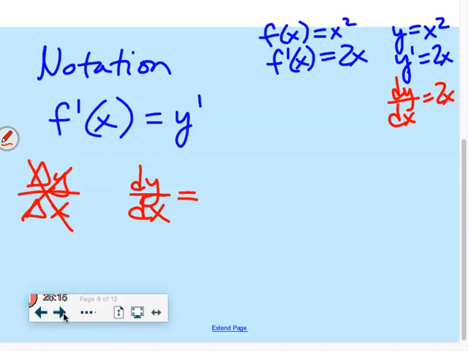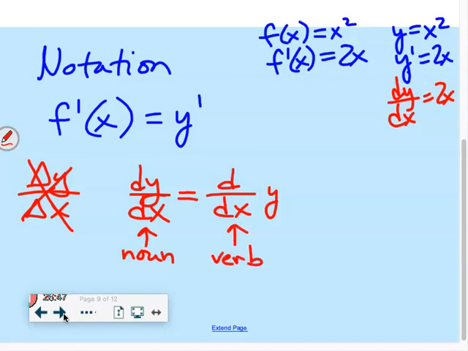But if you think of it like multiplication, then you could put that y in front and have the same thing. Now, what I like about this guy right here, dy dx, is that it's really like a noun: dy dx is x squared, or 2x, or whatever we're doing. This d dx is more like a verb. It's saying, find the derivative of whatever is next to me.